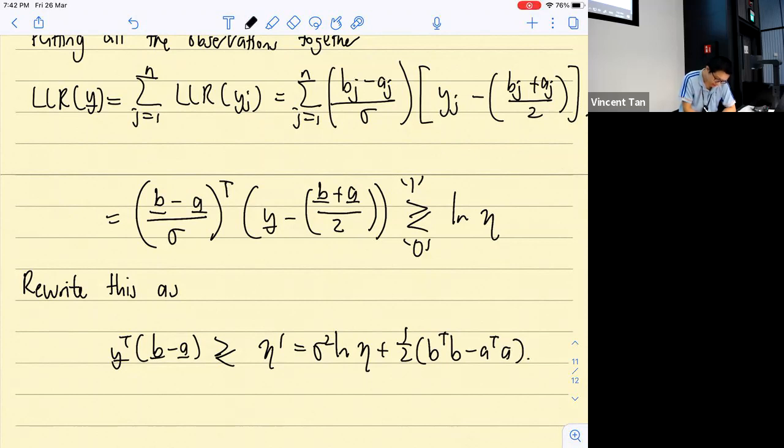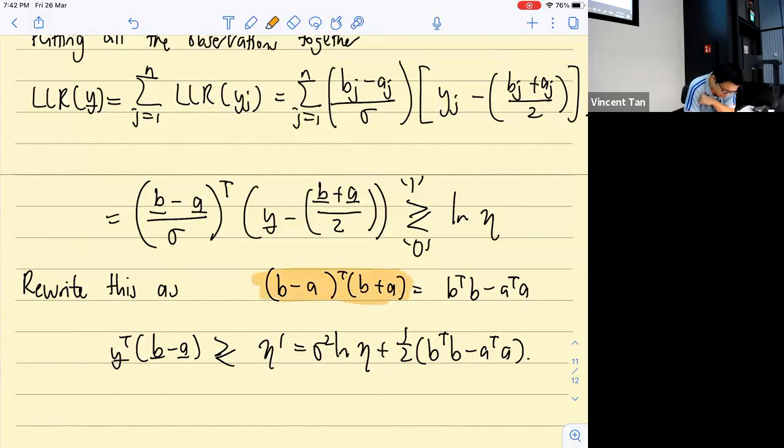If you have B minus A transpose times B plus A, this is going to be B transpose B minus A transpose A. So this part, which is equal to B transpose B minus A transpose A, comes from the multiplication of this and this.